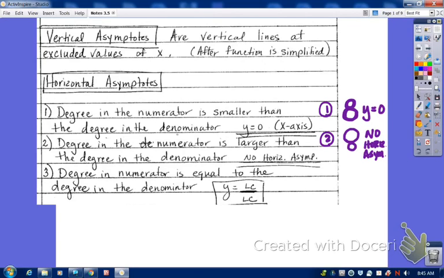Okay? Rule number 3 in snowman language says if the degree in the numerator is equal to the degree in the denominator. So let's make a snowman where the top snowball is the same size as the bottom snowball. Could I make a snowman if both snowballs were pretty well equal? I could, okay?